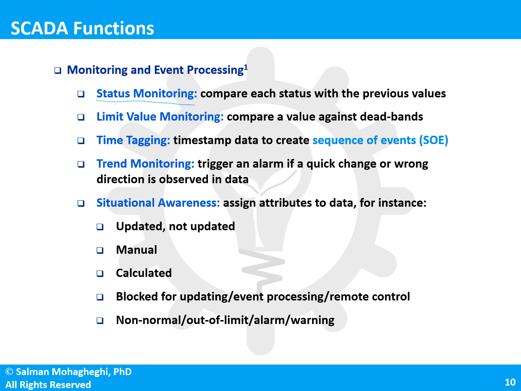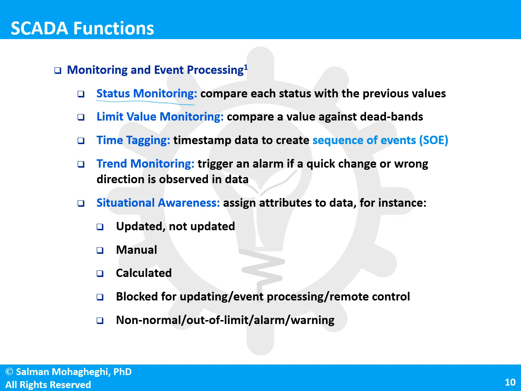So if it does, it's an indication to you that something non-ideal is happening in the system. You can do limit value monitoring, where you have certain dead bands for various variables, and you compare the value against the dead bands to make sure that those thresholds have not been passed.